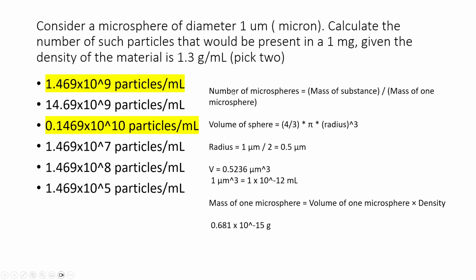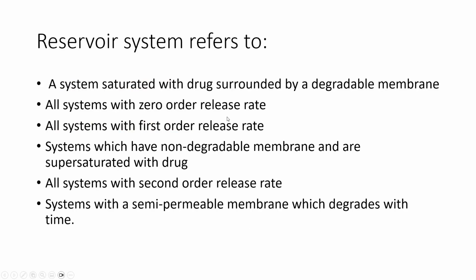The reason you're converting here is because the density is in gram per ml. So now you know the mass of one microsphere. That would help you calculate the number of microspheres present in any given mass. So it would come out to be 1.469 into 10 power 9 particles, which is also equal to 0.1469 into 10 power 10 particles.